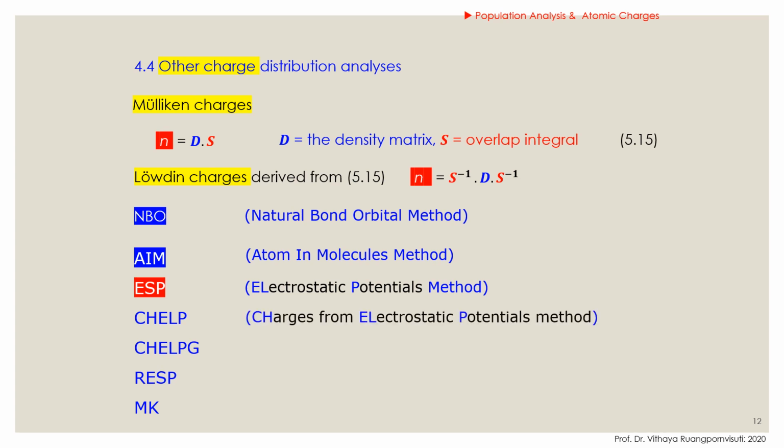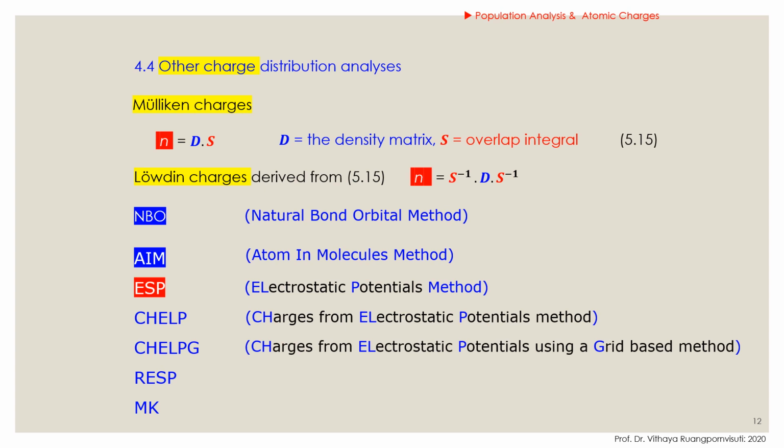CHelp is derived from the ESP method. It stands for charges from electrostatic potential method.